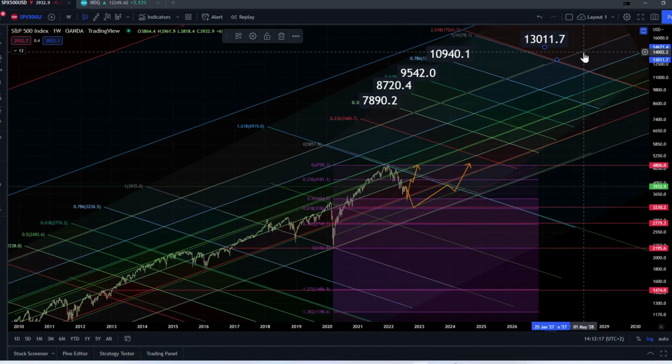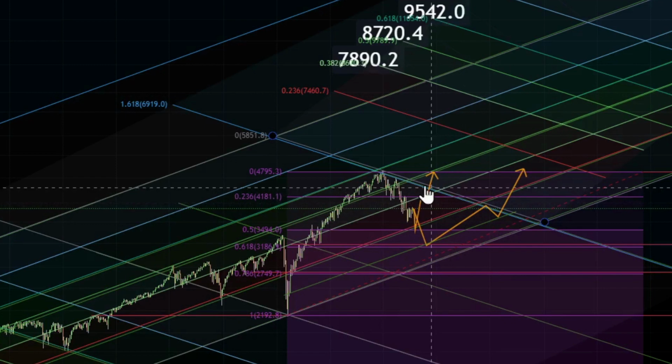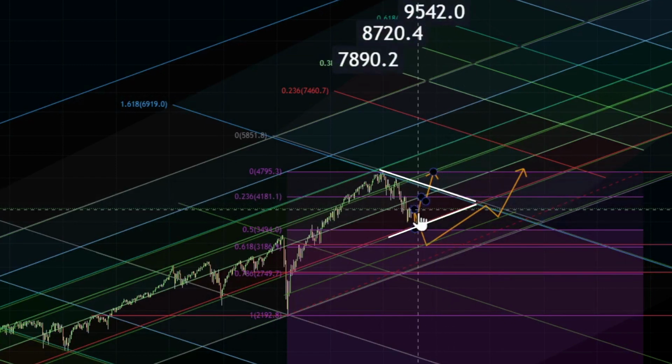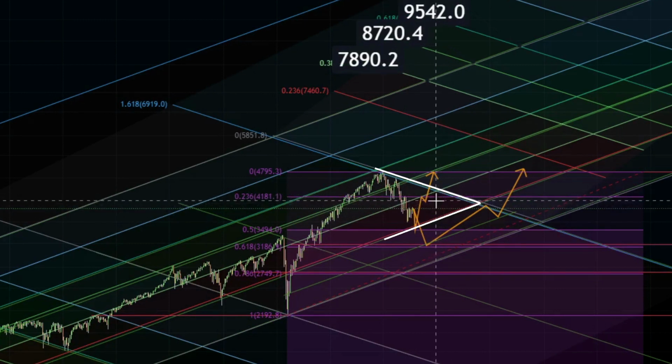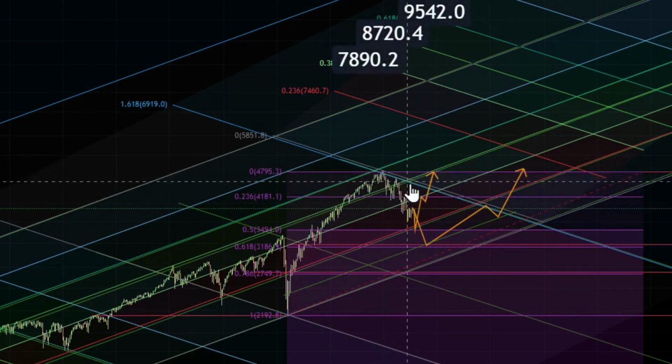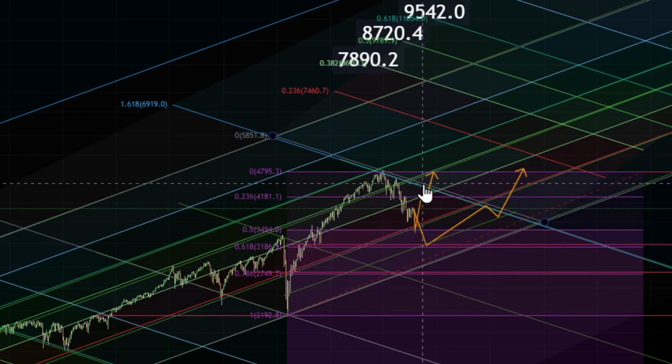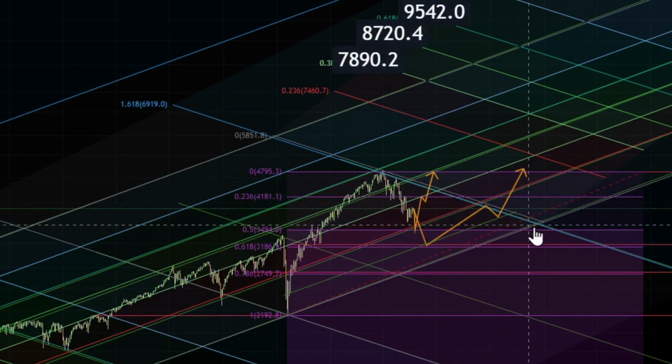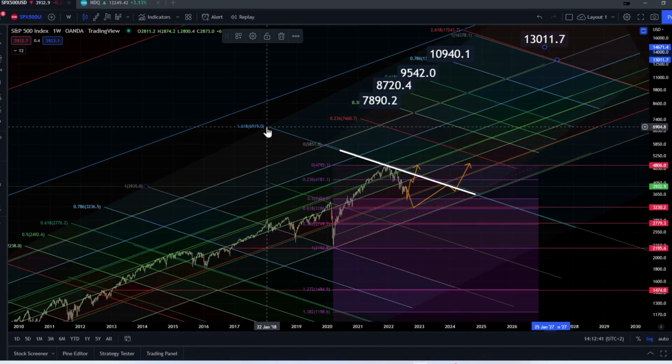These targets are only to be considered if we really resolve out of this kind of triangular shape that we could be involved with here in the next coming months, and we see a clear break up and above this descending line, and also the line that is corresponding here to the 1.618 extension of the Fibonacci channel tool.